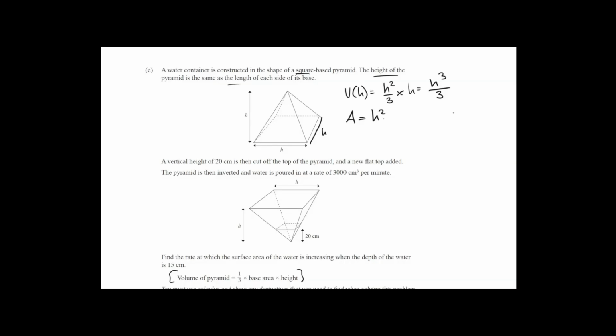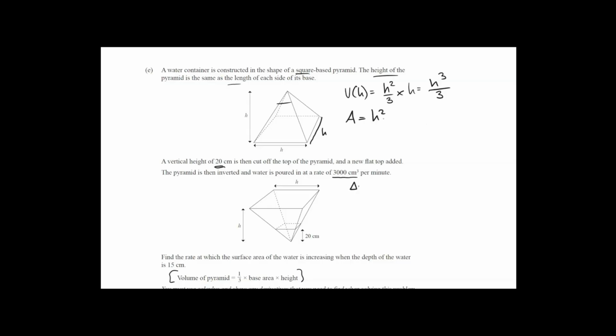Okay, but things get a bit funny. They cut 20 centimeters off the top, so they lob this bit off, and they start pouring water in at the rate of 3,000 cubic centimeters per minute. So what have we got?